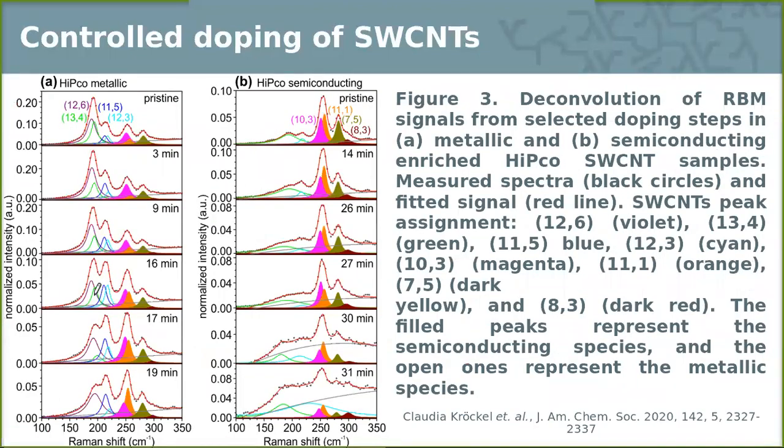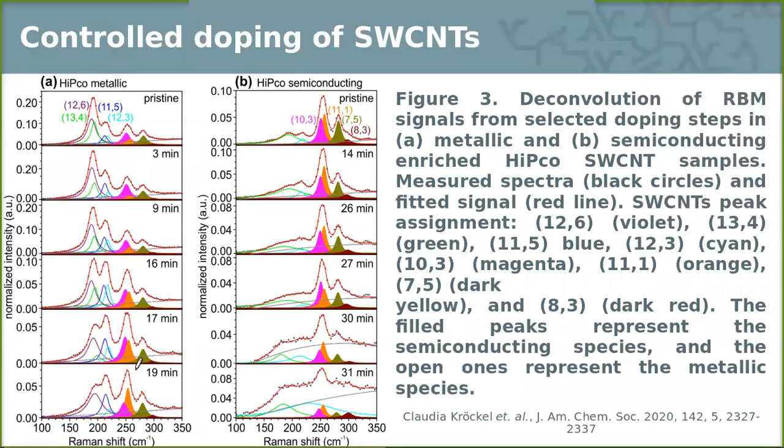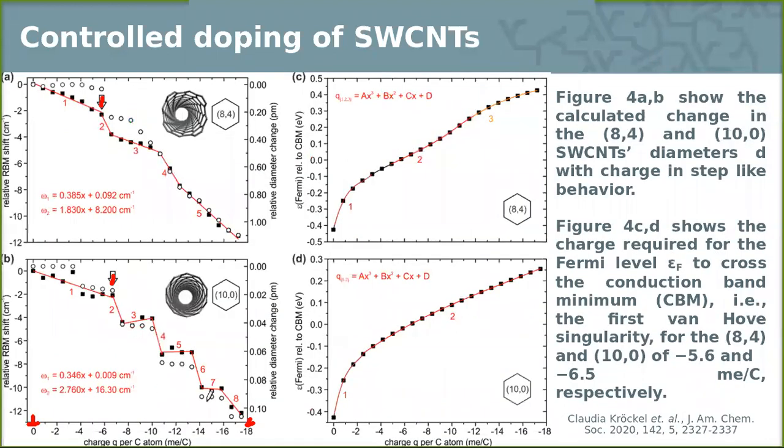So we have a change in frequency as a function of doping. The less doping, the lower the frequency, and this is actually what we just found here. We have a reduction in the frequency as a function of increasing the electron concentration in the sample.